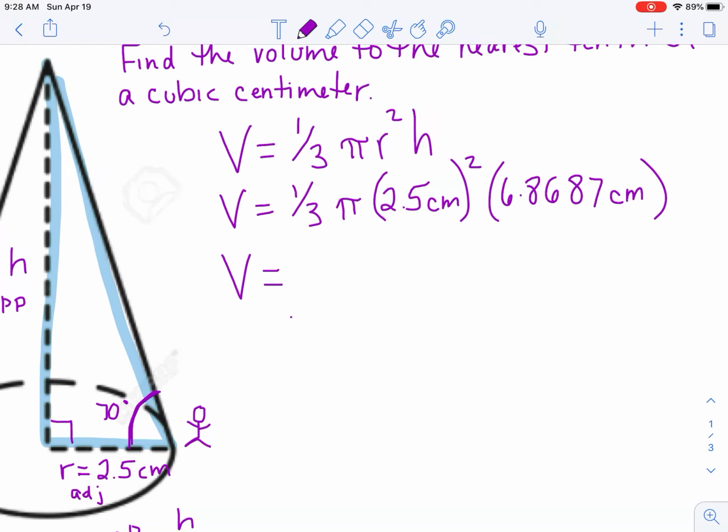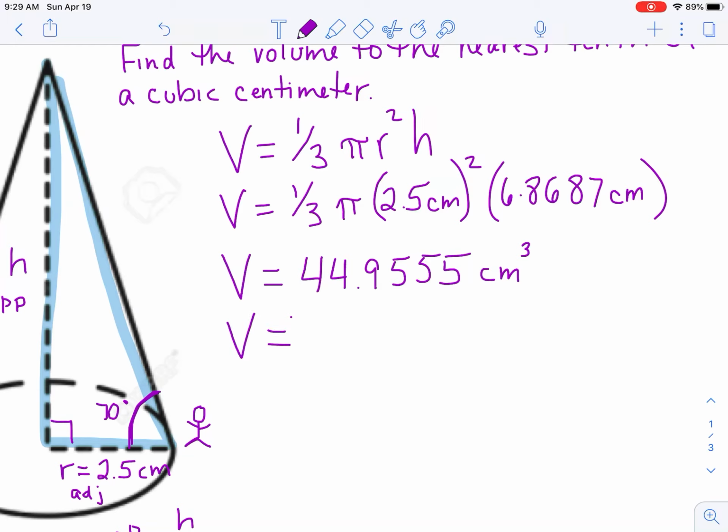So 1/3 times pi times 2.5 squared times 6.8687. Hopefully I did this right. Oh, interesting. I get 44.9555.